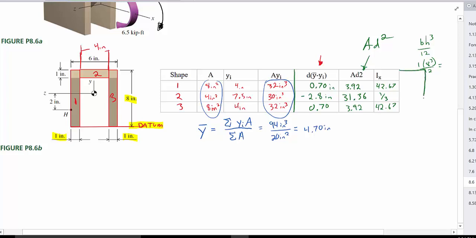And so adding these values together, I should make another box here. It should be I plus AD squared.